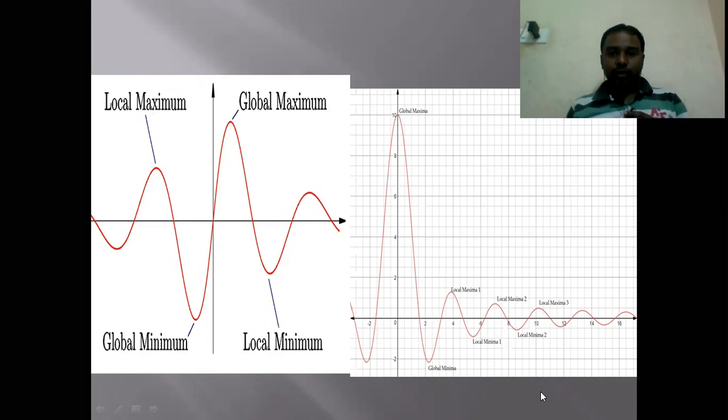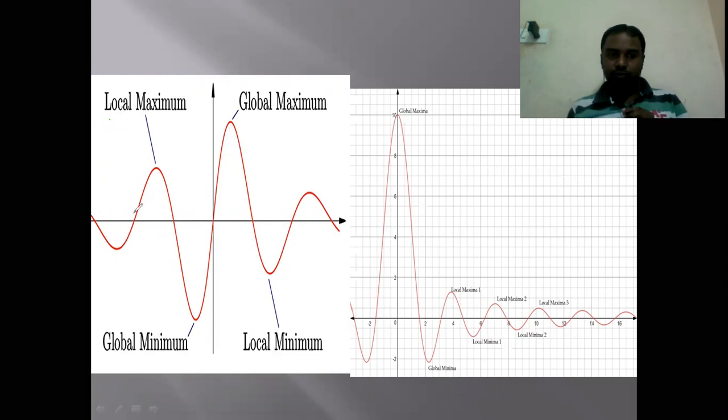A function may have more than one local minimum and local maximum, but strictly it consists of only one global minimum and one global maximum.